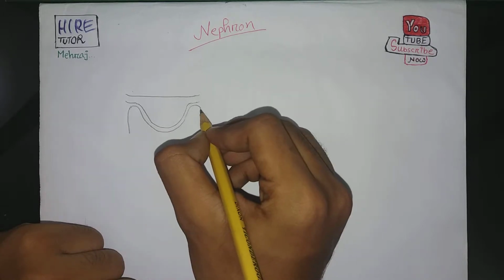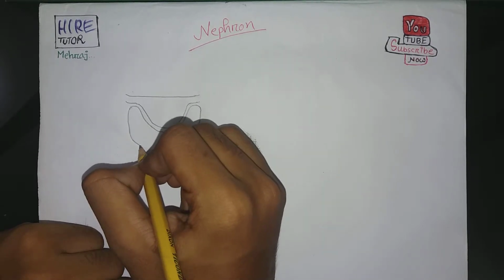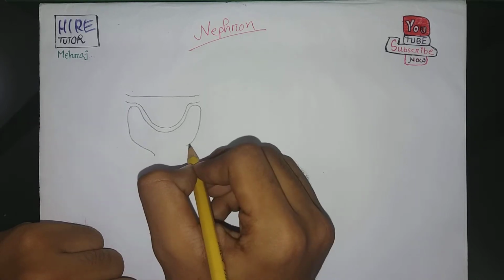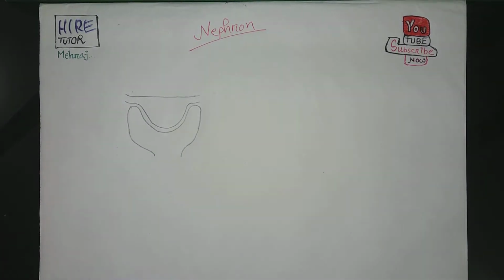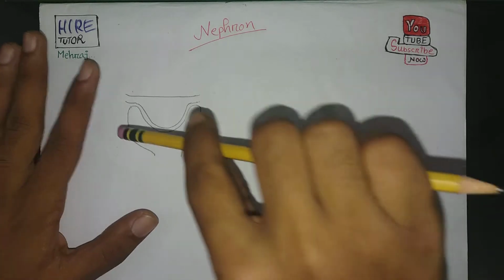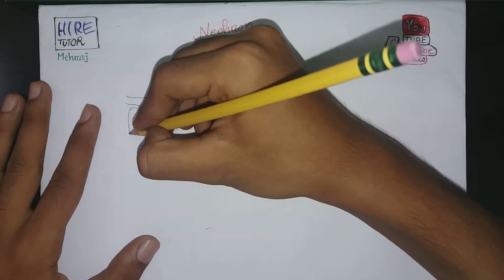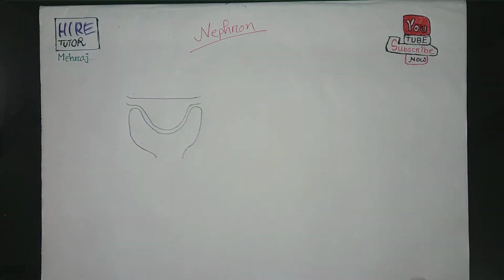As it is in the kidney, it's called the renal capsule. So it looks like a cup. This is just the renal corpuscle or the Malpighian body.